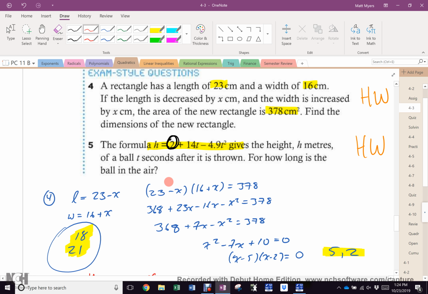So, of course, area is L times W. So you multiply that together, you get an awesome trinomial. You bring that 378 over, and you get this trinomial, and then it factored. You didn't even need to use the quadratic formula, although I bet a bunch of you did.